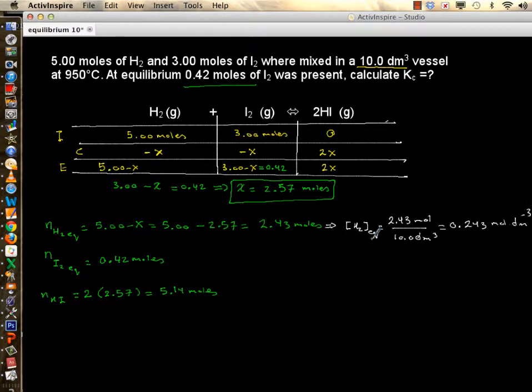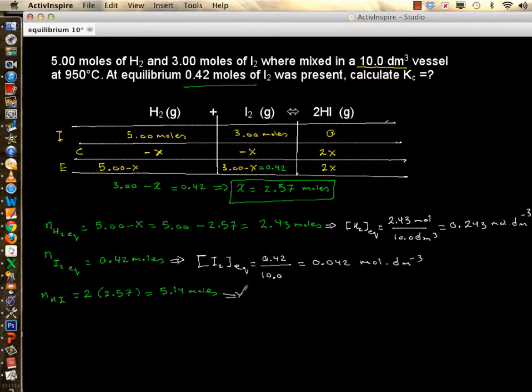That's concentration of hydrogen. Concentration of iodine, same thing. It is moles of iodine divided by the total volume, which is 0.42 divided by 10. And this is 0.042 moles per decimeter cube.